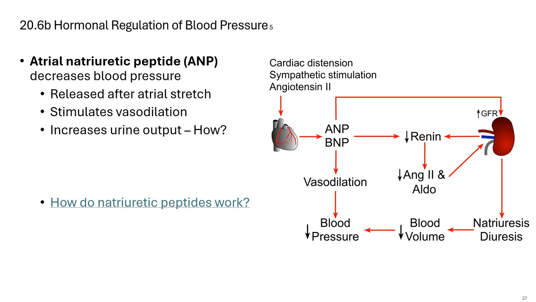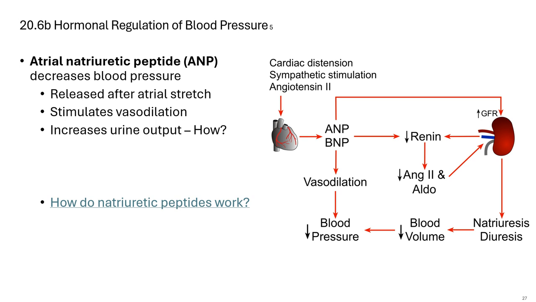So if you have increased stretching of the heart, right, what do you think that indicates? If the heart is stretching more than it normally does, that probably indicates that there's increased blood volume, right, in the circulatory system. So it's stretching the heart a little bit more. So in response to this increased stretch, the heart's atrium, the wall there, the lining, releases this atrial natriuretic peptide.